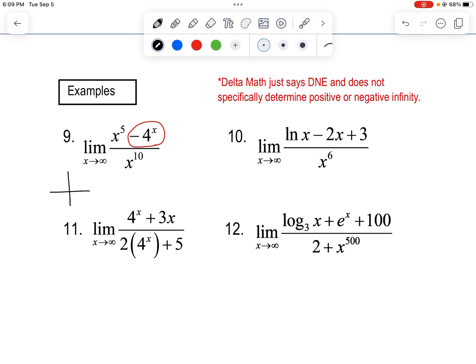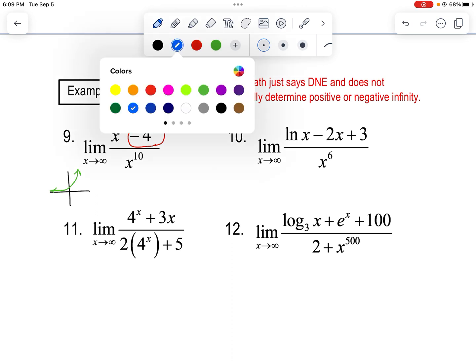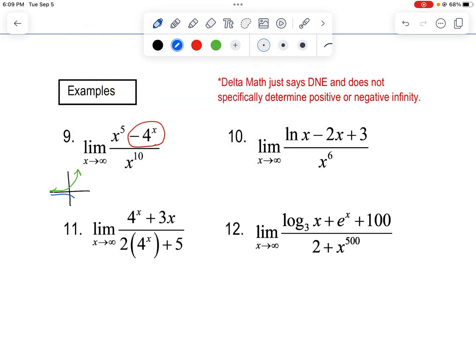All right, and we know that 4 to the x is an exponential growth. And so negative 4 to the x is a negative exponential growth. So that's flipped upside down. And so that right arrow is going to negative infinity. It's going down.